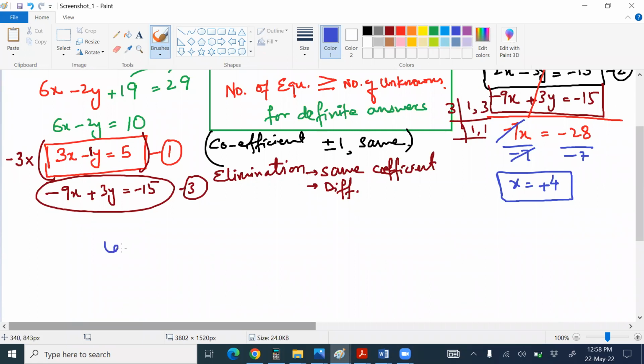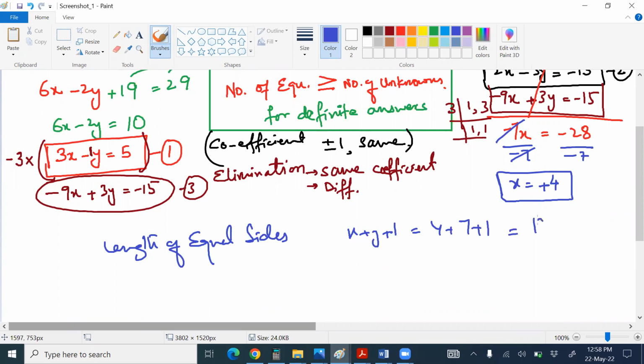So the length of equal sides is x plus y plus 1, which is 4 plus 7 plus 1, and that's a total of 12. The equal sides are 12 units in length.